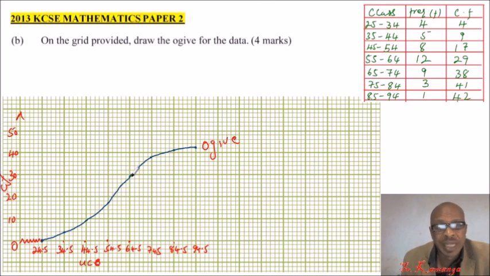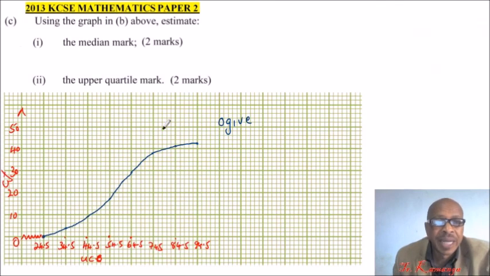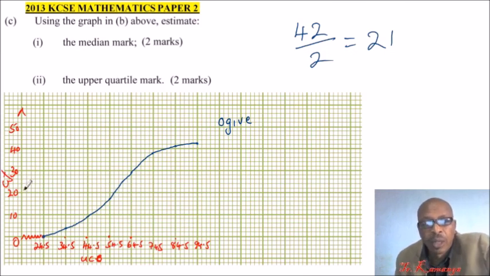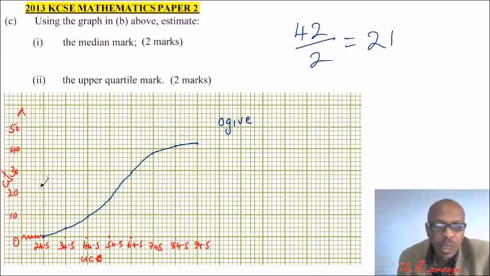So let's go to part C of this question. Using the graph in B, which I have already inserted above, estimate the median mark. We found that the total frequency is 42. So the median mark is at, you divide by 2, the median mark should be at 21. So you take a ruler and get the mark that corresponds to 21.